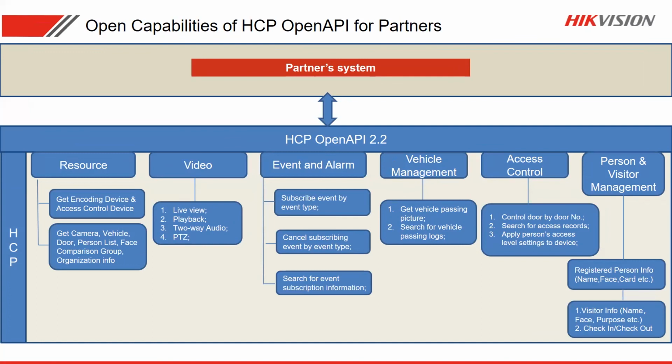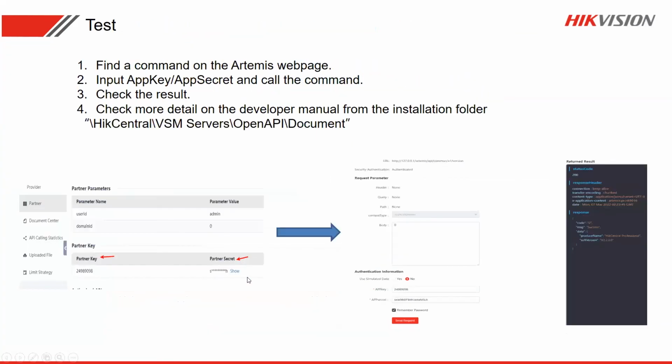Because HikCentralPro software has many functions, but not all the functions can be opened to a third-party platform. So here are the currently open capabilities. So please check this picture and know which kind of service we can provide with OpenAPI.